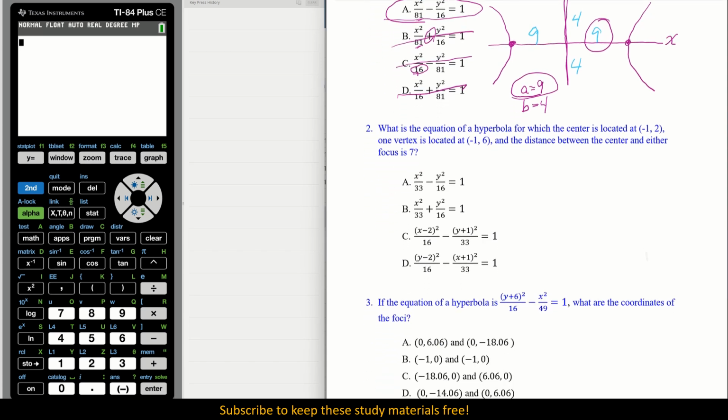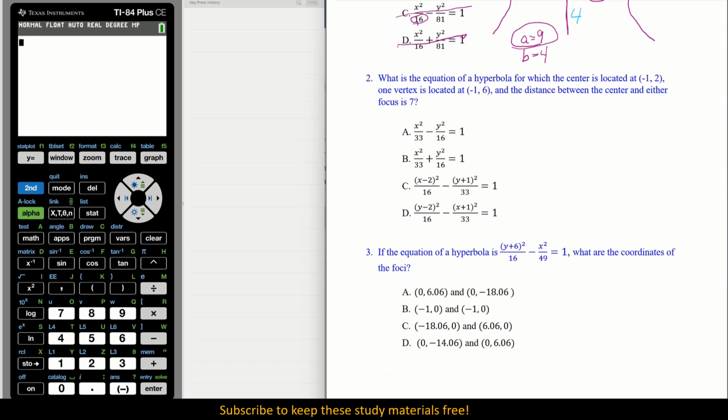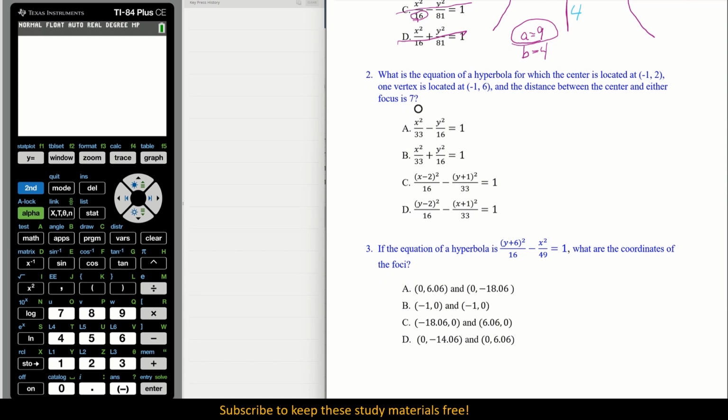Okay, so let's look at number 2. Number 2 says, what is the equation for a hyperbola for which the center is located at (-1, 2), one vertex is located at (-1, 6), and the distance between the center and either focus is 7?